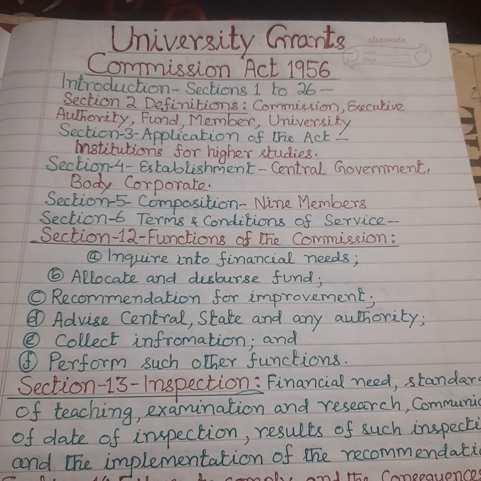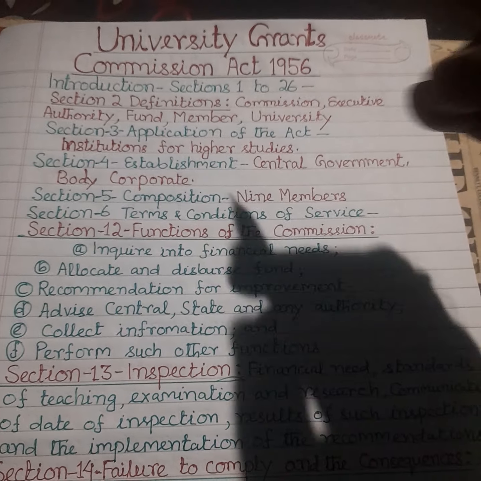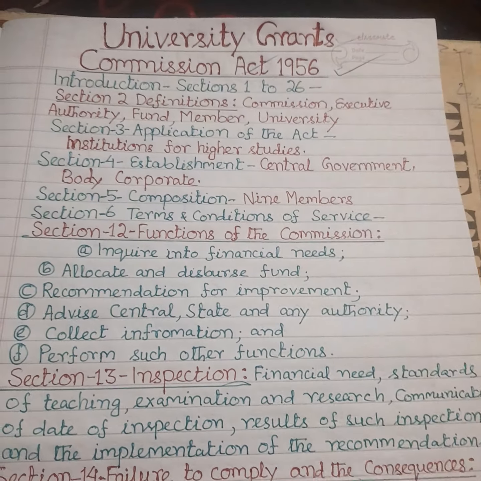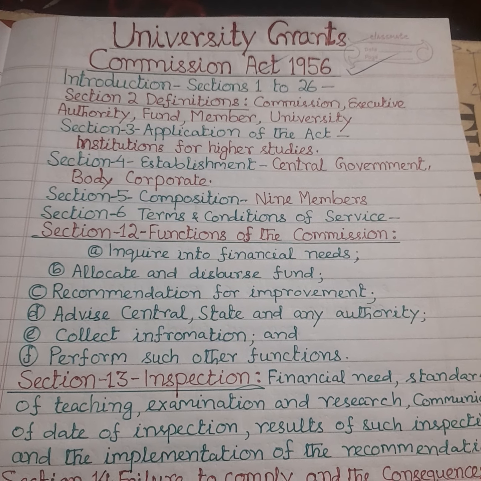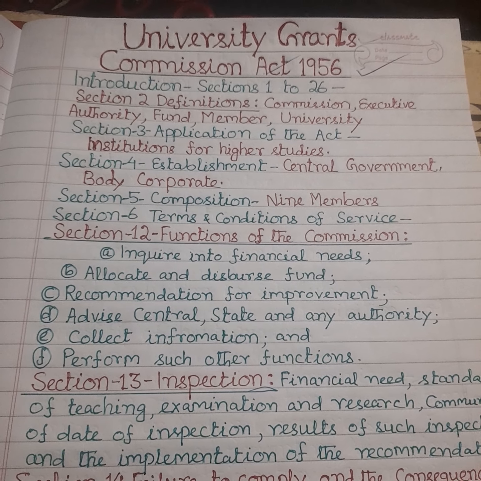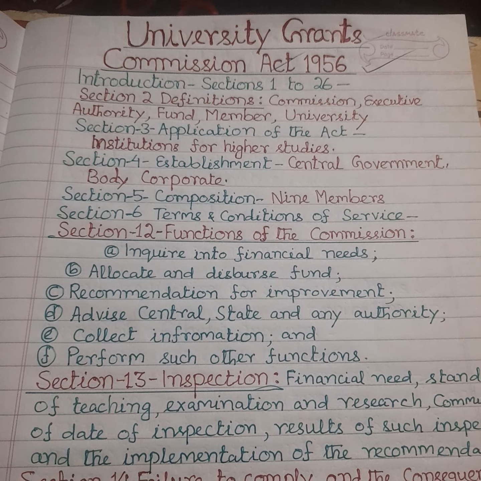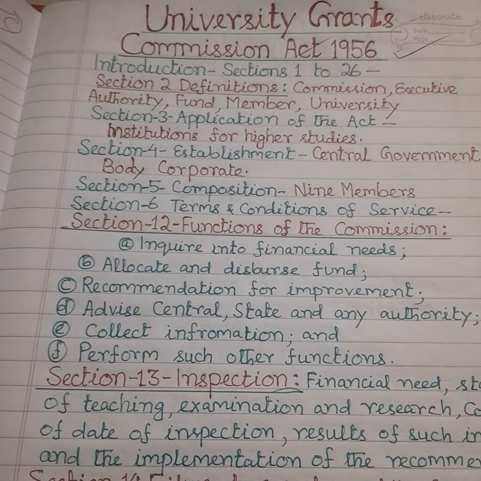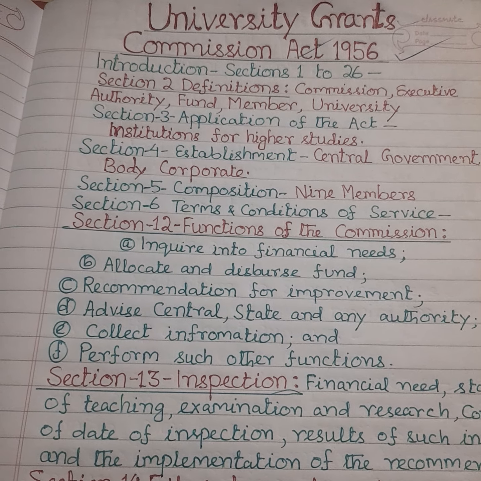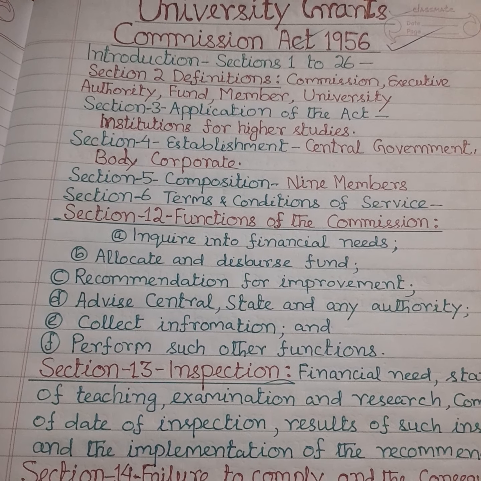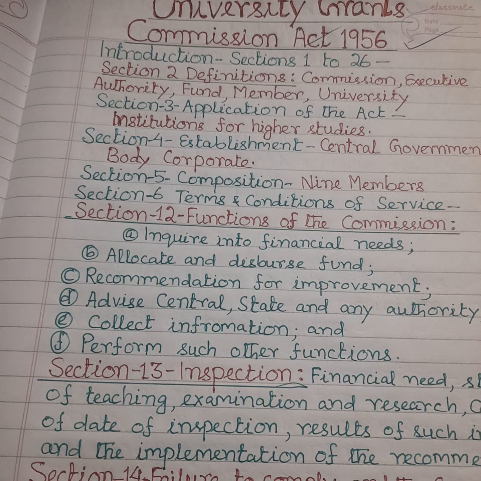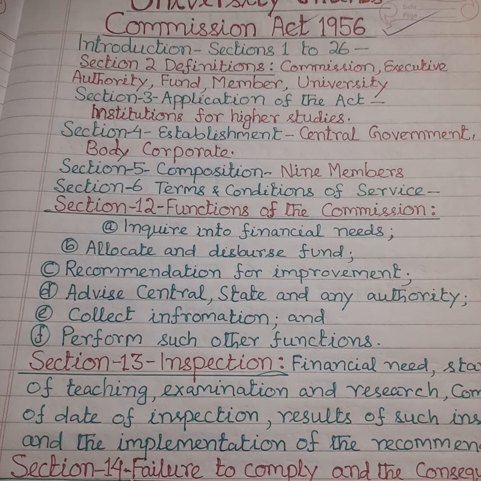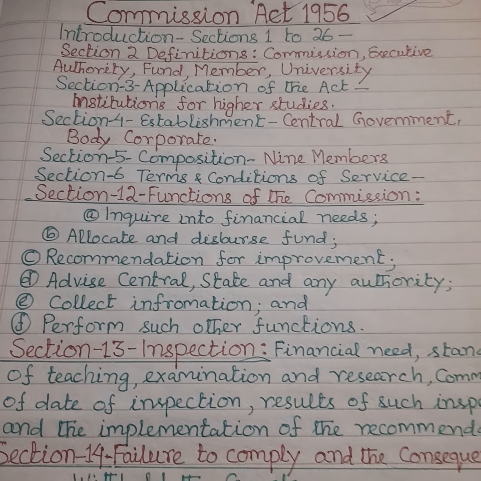In this lecture, we'll deal with the University Grants Commission Act of 1956, which particularly deals with Section 1 to Section 26 of the Act, which make provisions for the coordination and determination of standards in universities, and for that purpose to establish a University Grants Commission.